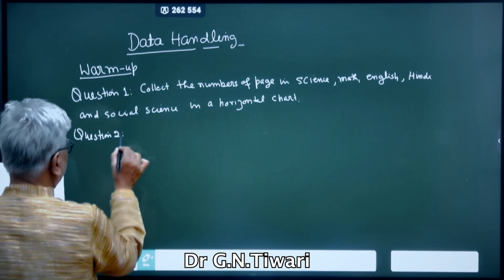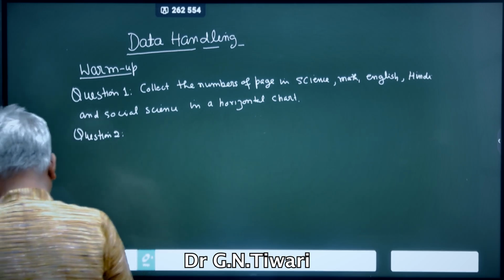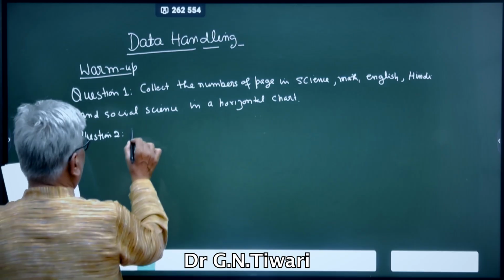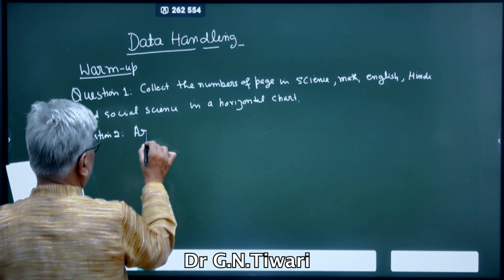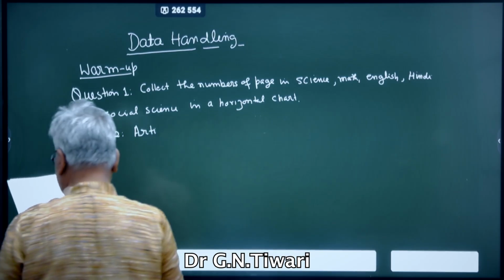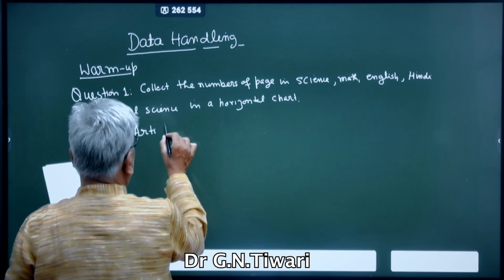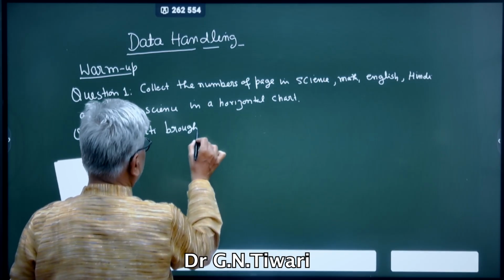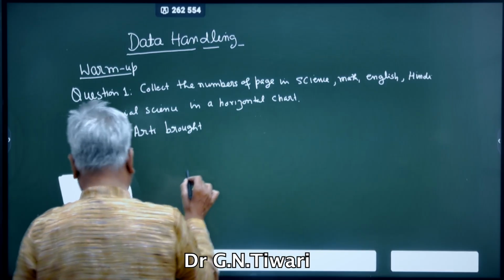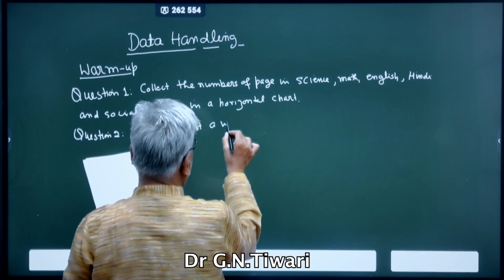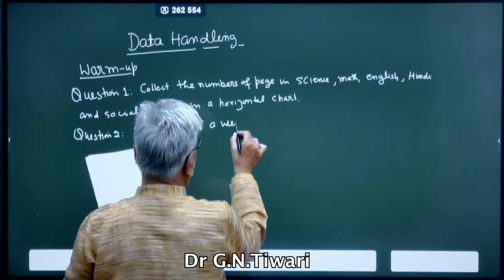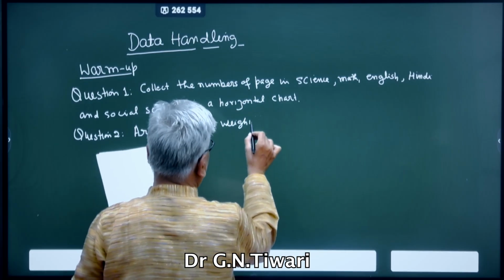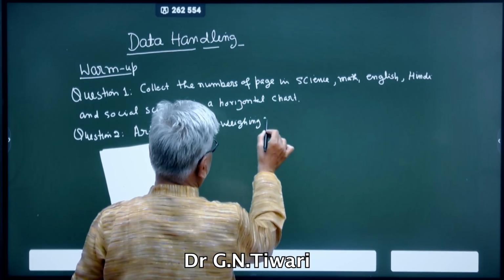क्वेश्चन 2। अब देखिए, आरती, आरती इज नेम ऑफ गर्ल, इट कैन बी स्टूडेंट ऑल्सो। Brought a weighing machine.